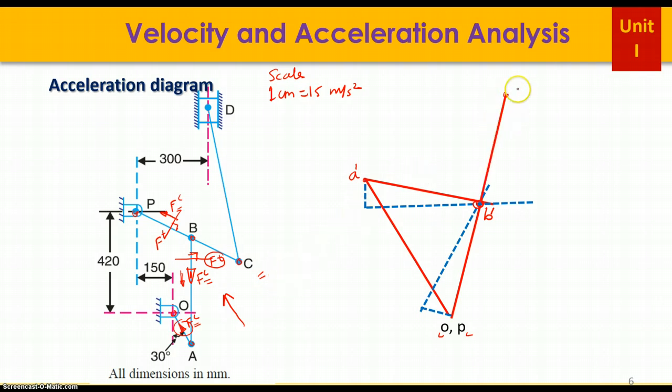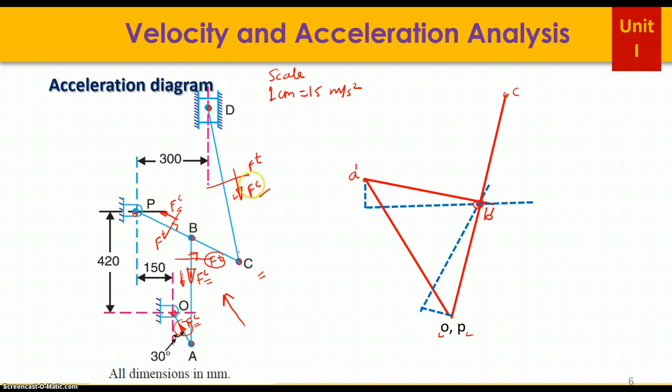Okay, this is point C. Once you get point C, now what is the remaining? D, slider. So what you have to say, acceleration of D with respect to C will have two components. One is Fc acting towards C and perpendicular Ft.